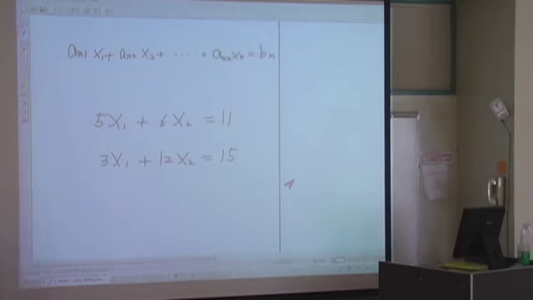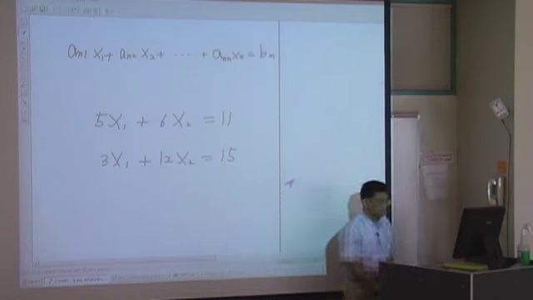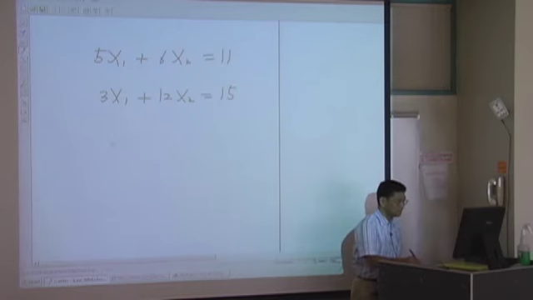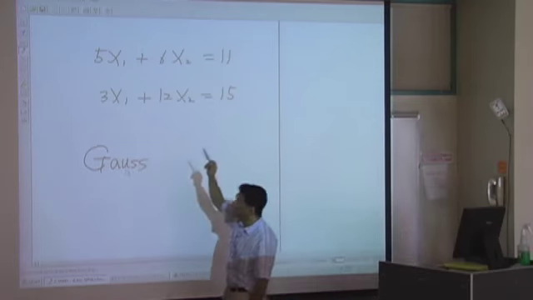But here, we need a strategy that is more systematic than just an ad hoc approach. So I will talk about a systematic approach. And the first approach that I want to explain was found by Gauss. And he used the elimination idea. Assume that we are solving an equation.